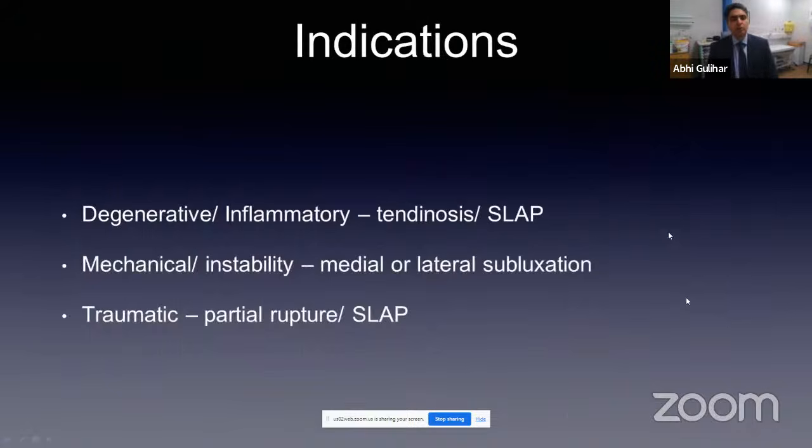In terms of what pathologies can affect the long head of biceps, and therefore what are the indications for an arthroscopic biceps tenodesis, we have the familiar surgical sieves. You have degenerative conditions or inflammatory conditions, and they're often interlinked.